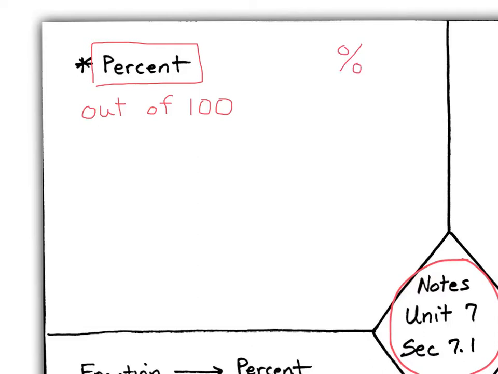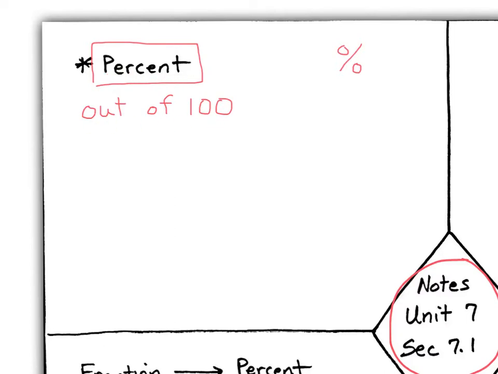And per cent, per 100, because there are 100 pennies in a dollar, right? 100 pennies, cents, per cent, out of 100. All right, you need to know that. You need to memorize that. Whenever you see the word percent, think out of 100.